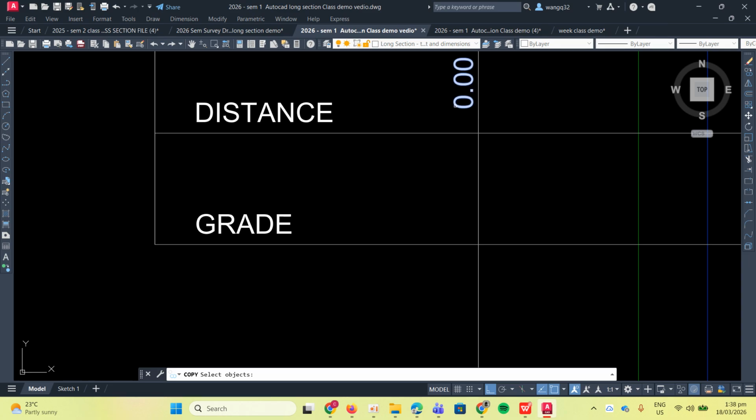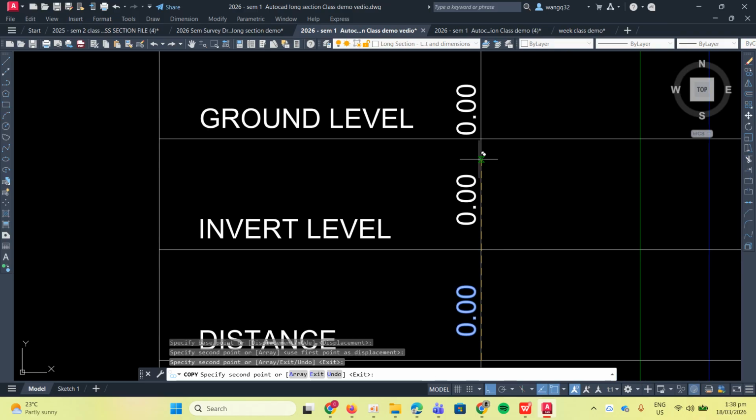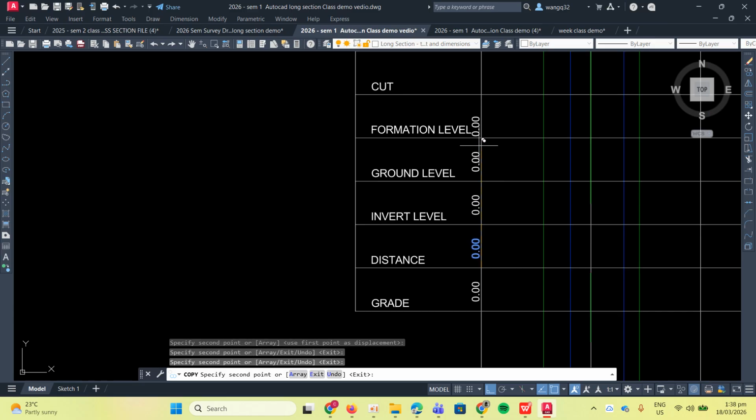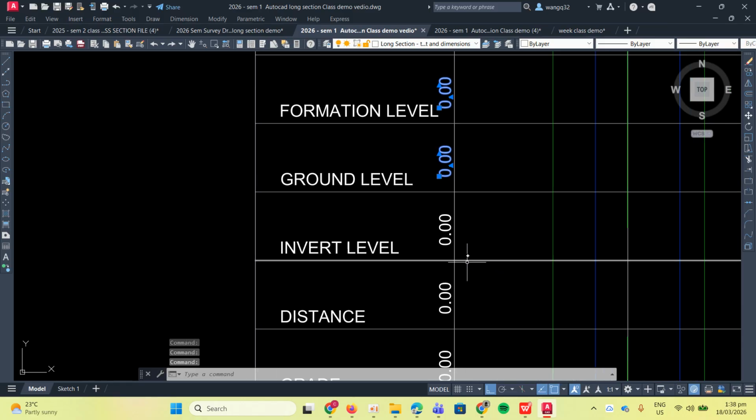Then I copy this one, use that column to here, and I want some text here as well, just keep going up. And then after that, I just copy all those texts.